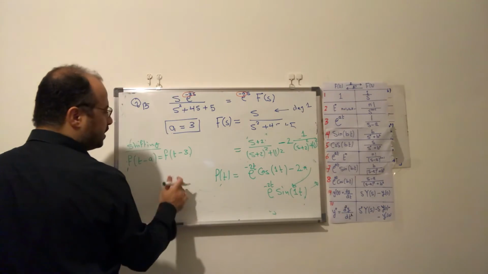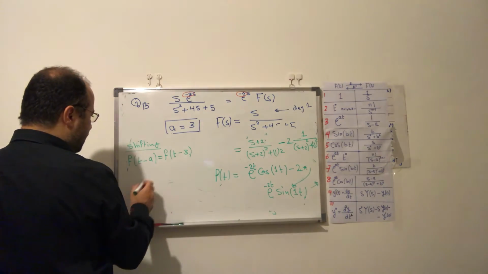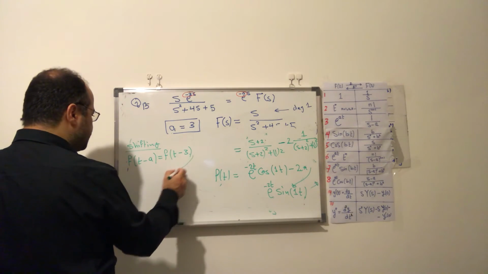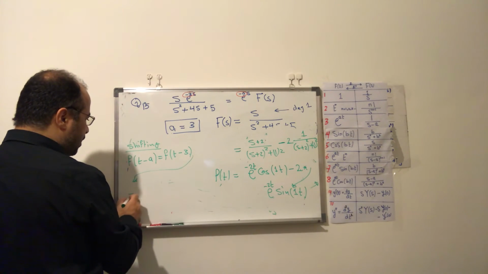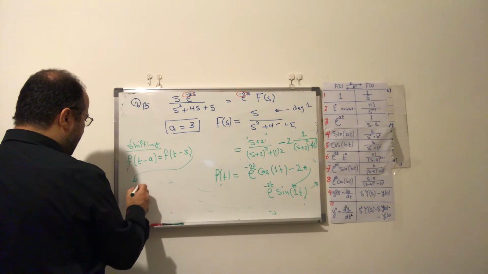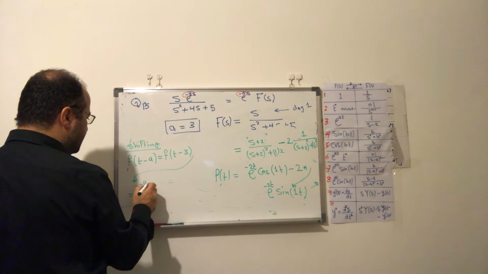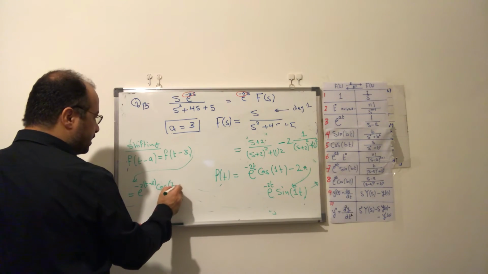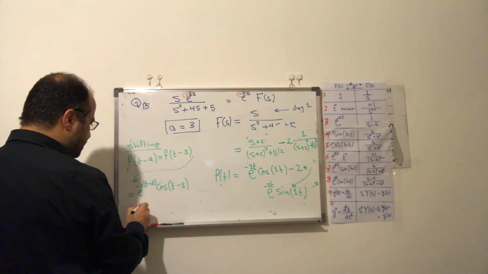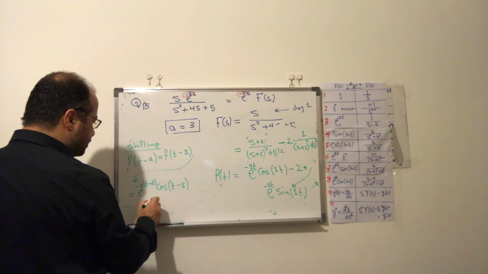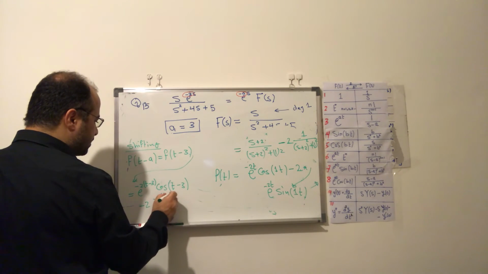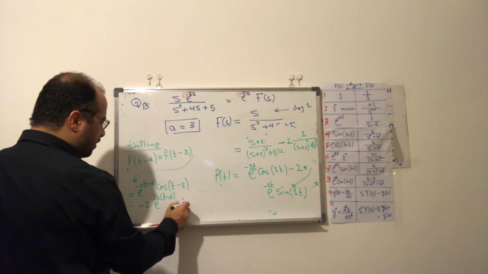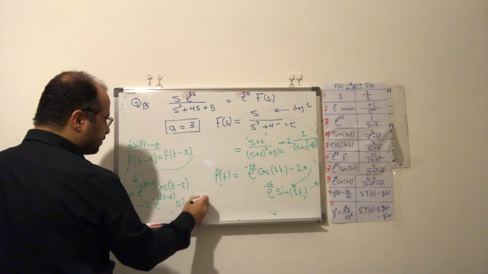So it is equal to e to the minus 2 (t minus 3), and then cosine (t minus 3), and then minus 2, e to the minus 2 (t minus 3), and then sine of (t minus 3). Yeah?